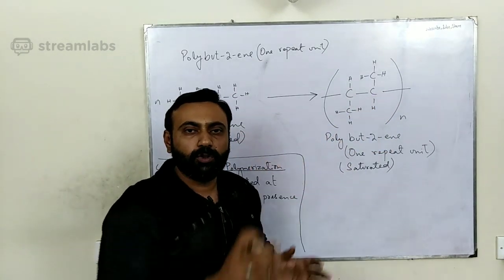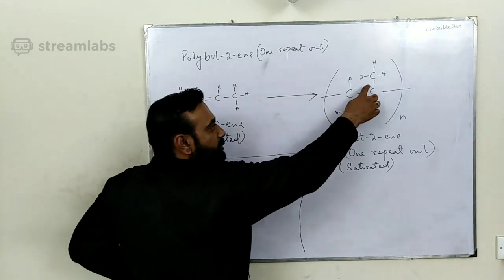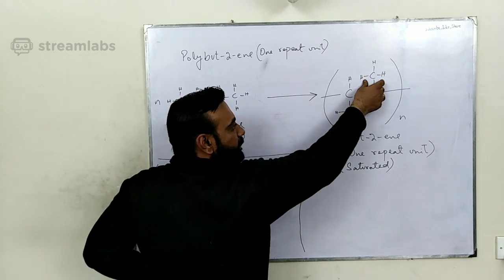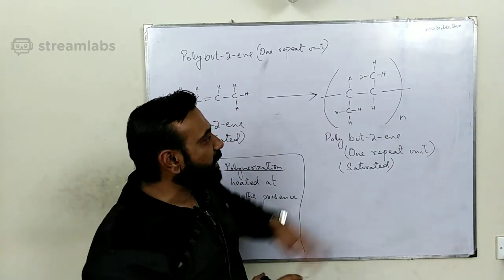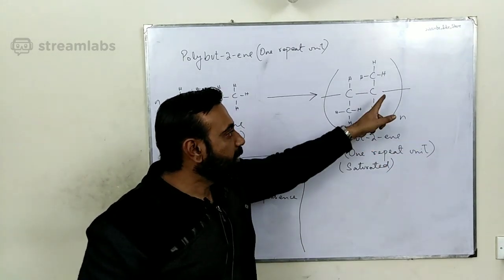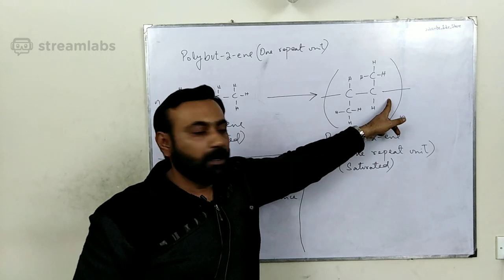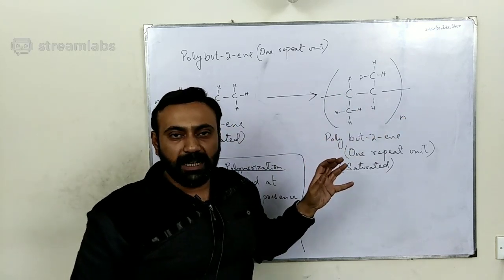I would not be able to show the continuation sign. So they have to be arranged above and below. I have arranged this methyl at the top and hydrogen at the bottom. It doesn't matter if you arrange hydrogen at the top and methyl at the bottom, that is the same thing. But don't place anything onto the right or the left of these carbon atoms.